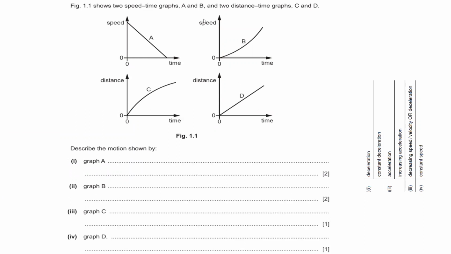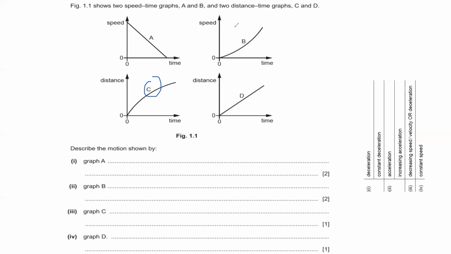I want only the answer for C and D. Not about A and B, because we did not discuss speed time graphs. Speed time graphs we'll discuss tomorrow, because I want you to take time and go through the distance time graph first, and then we'll compare speed time graphs.